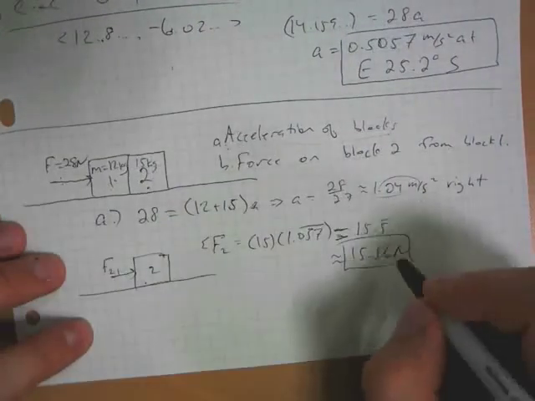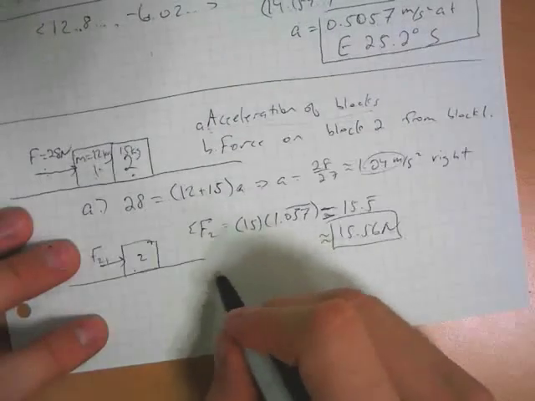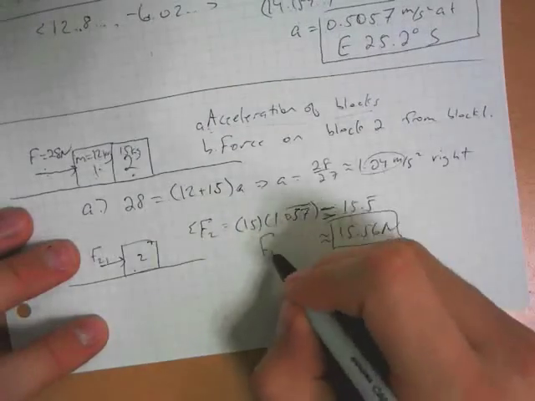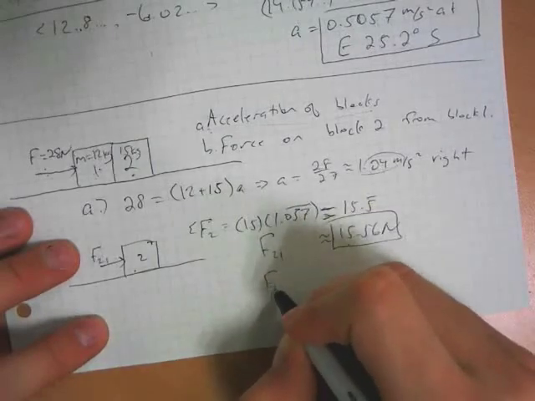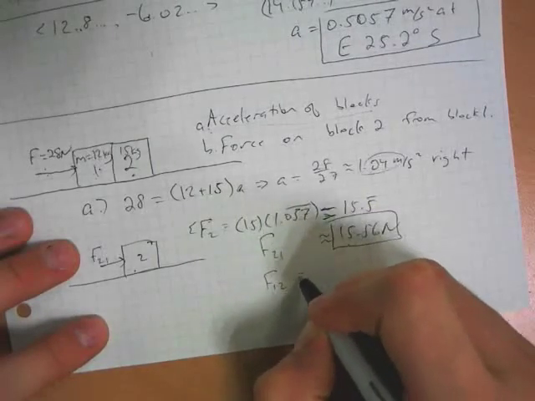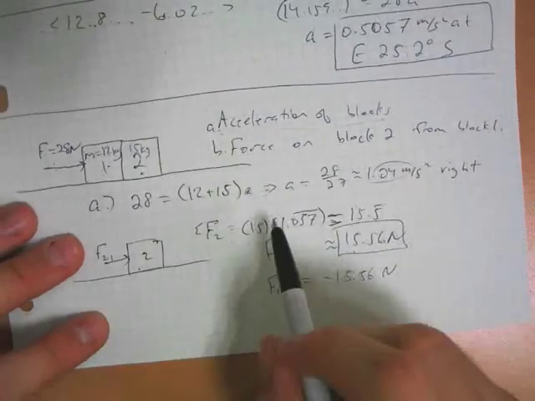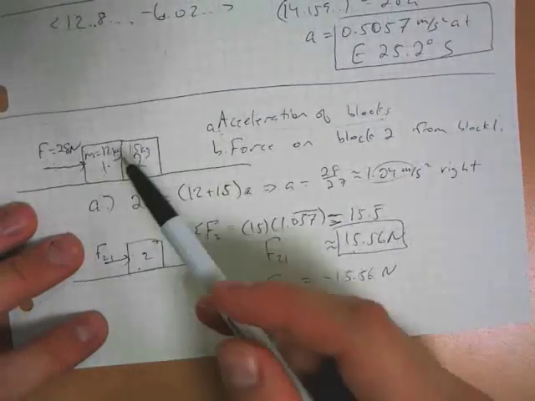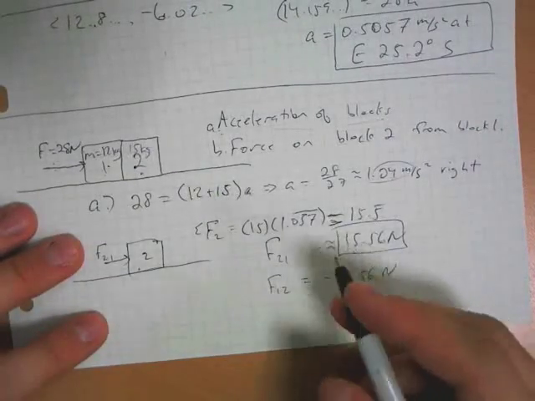And this is being applied by block 1. So the force applied on block 2 because of block 1 is 15.56, which means that the force applied on block 1 because of block 2 is equal to minus 15.56 newtons. Block 2 is actually pushing block 1 to the left based on Newton's third law. Okay?